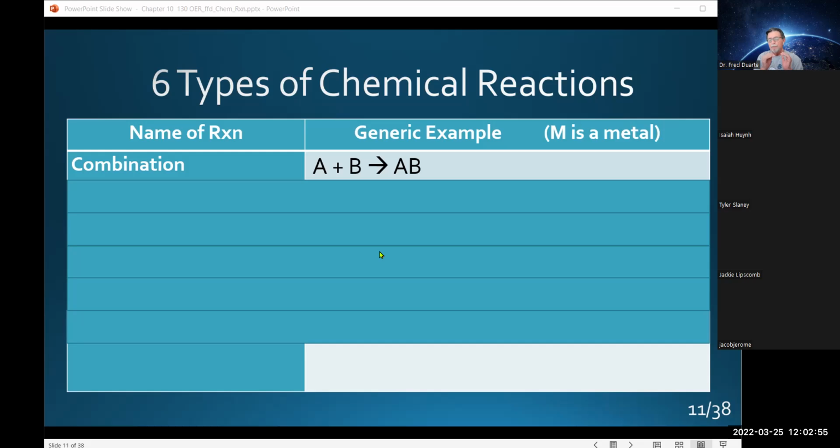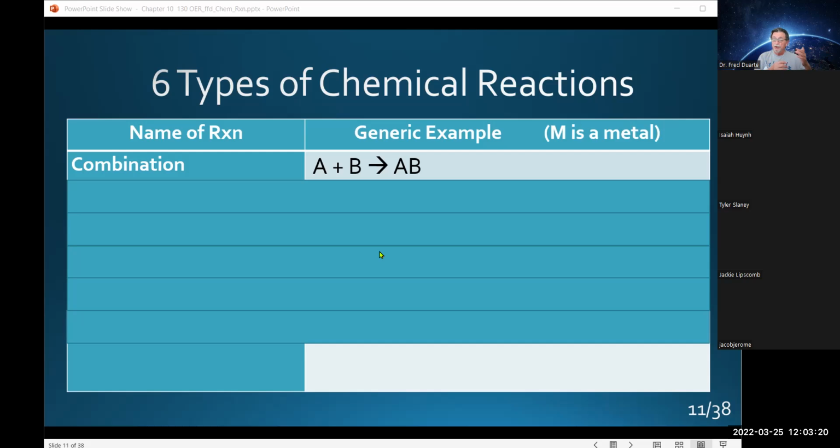And recall, we balance them by putting coefficients in front of the reactants and products. These coefficients tell us how many reactants, in this case A and B here in this example, are needed for them to react with each other properly and correctly. Sometimes it's a straightforward 1-to-1 ratio. I need 1A, 1B.